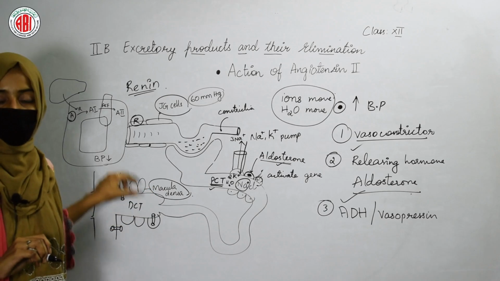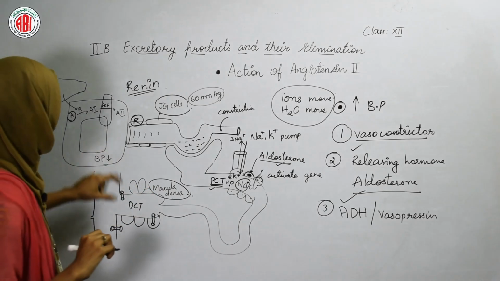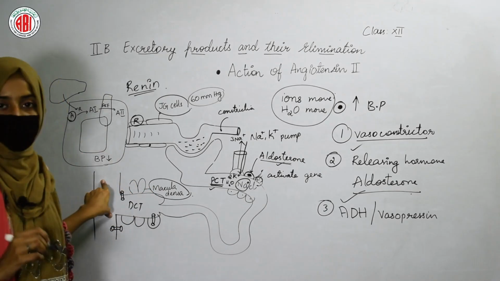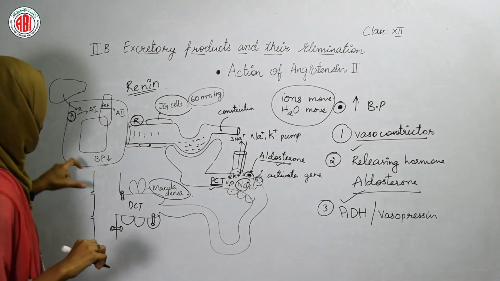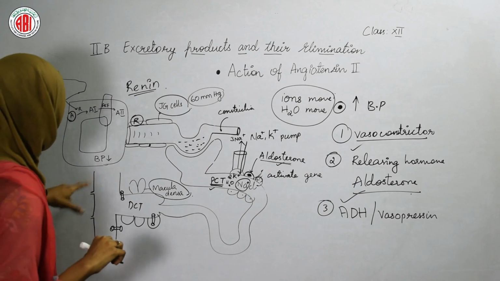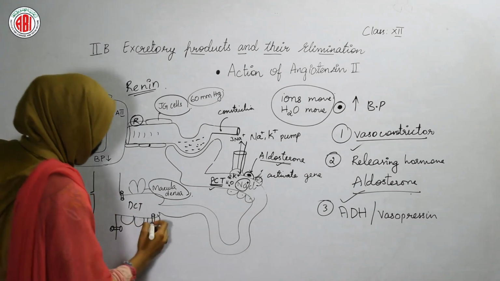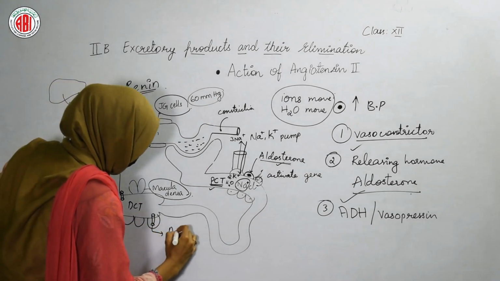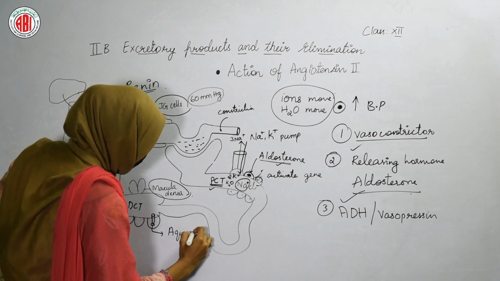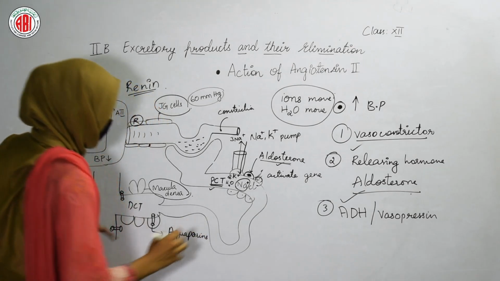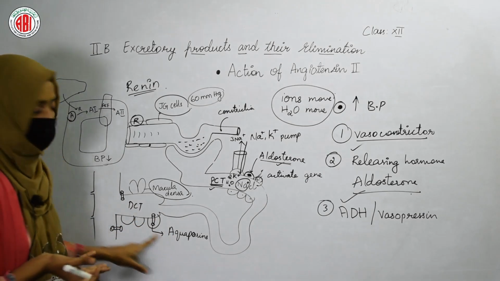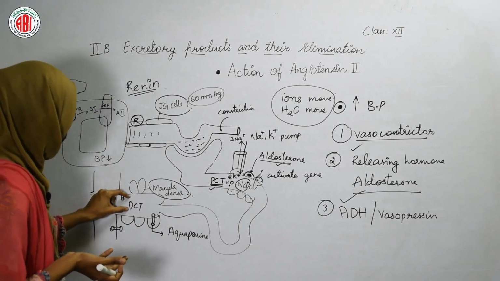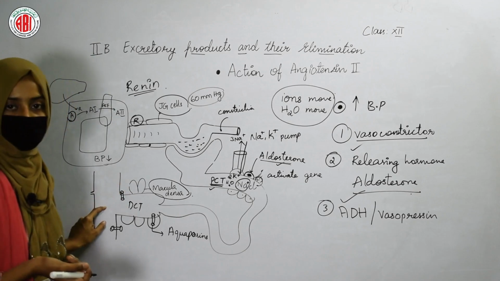Water can move easily into the distal convoluted tubule and into the collecting duct. These are called aquaporins. So vasopressin is a hormone that stimulates the production of aquaporins. It helps to form the aquaporins in the distal convoluted tubule and also in the collecting duct.